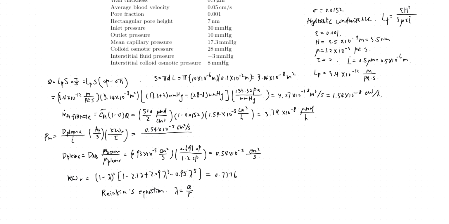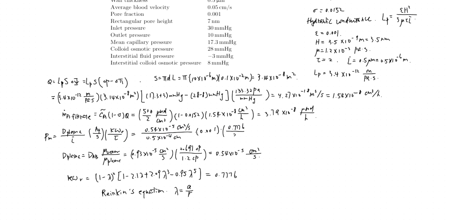Membrane thickness is 0.5 micron, so it's 0.5 times 10 to the -4 centimeter. Since we have been using centimeter in the diffusion coefficient, we can keep on using centimeter. So AP divided by S is the porosity, and the K omega R we just calculated is 0.7776, divided by tau, tortuosity, given in the problem statement.